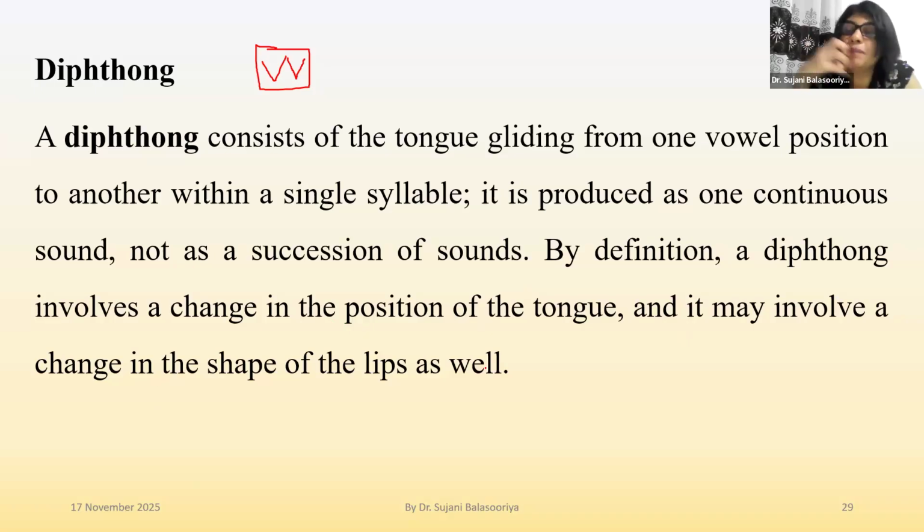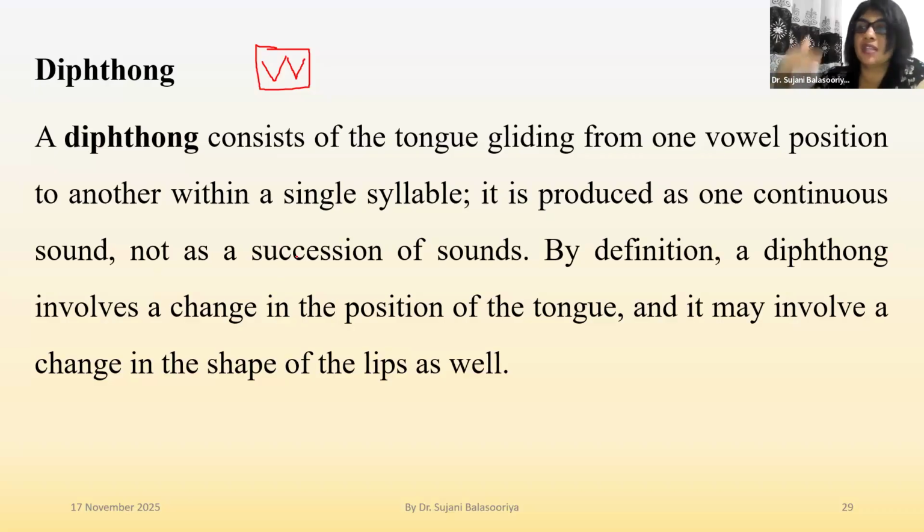As there are two vowel sounds, immediately we have to produce the second vowel sound after the first one. So we have to quickly change the shape of the lips as well as the shape and position of the tongue from the first vowel sound to the second. So there's a glide, a tongue glide.